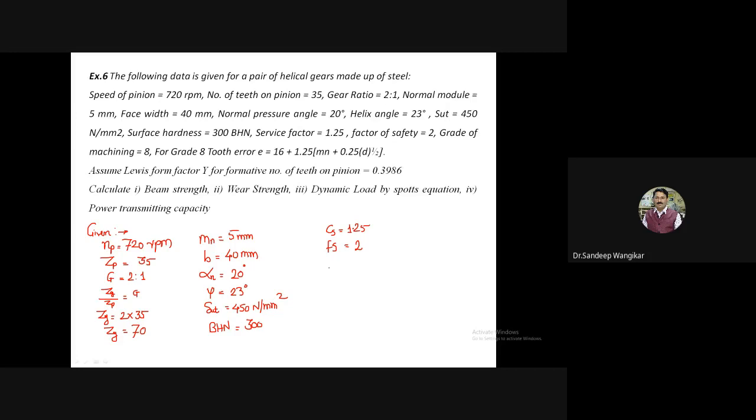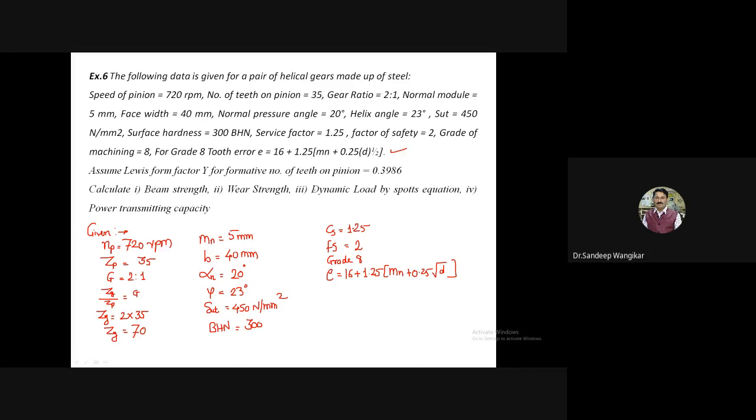Grade for machining, very important, it is given here: grade 8, and the error for this grade 8 is given as 16 plus 1.25 into bracket Mn, normal module, plus 0.25 d raised to 1 half, meaning under root of d. This is given in this formula.